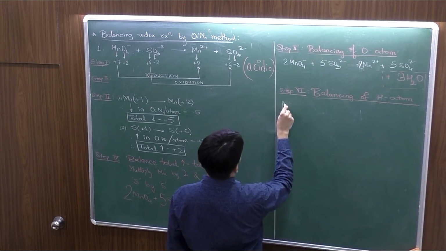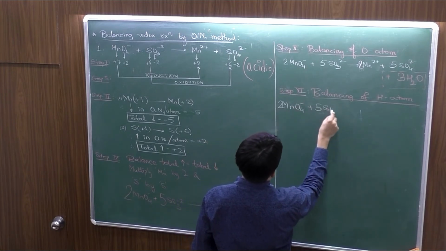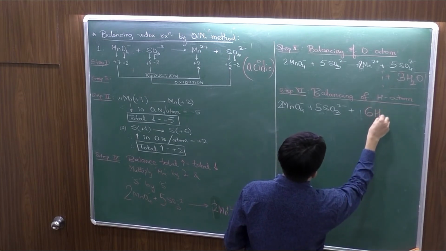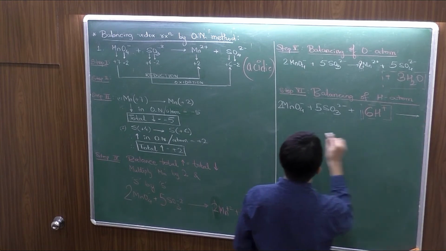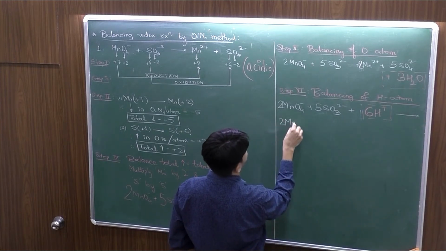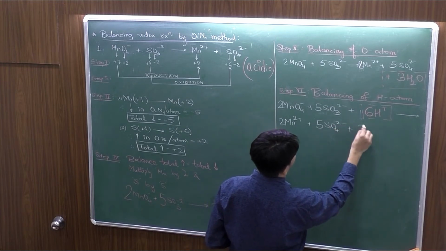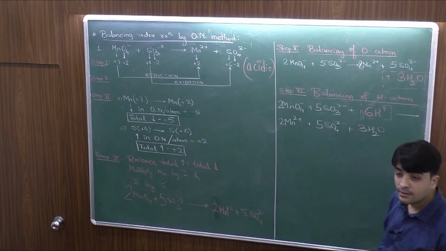Meaning, rewrite the equation twice of MnO4 minus plus 5SO3 2 minus plus 6H plus. This is the new part. And then balanced as Mn 2 plus plus 5 times SO4 2 minus and thrice of H2O. Clear?